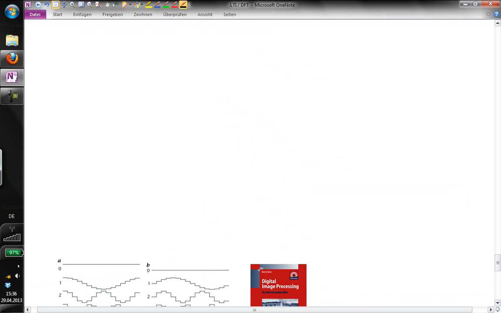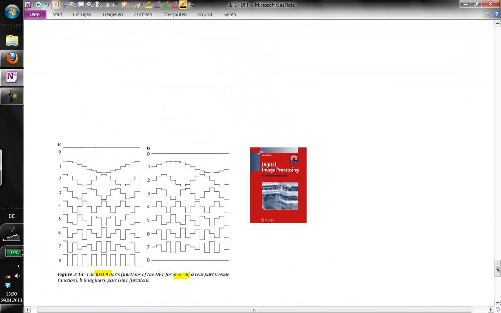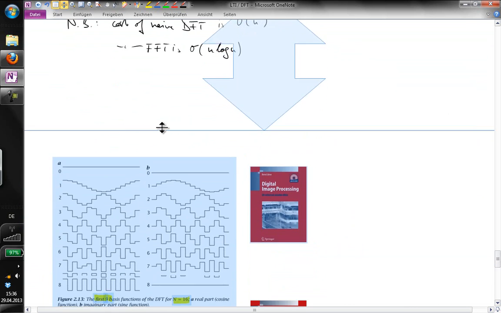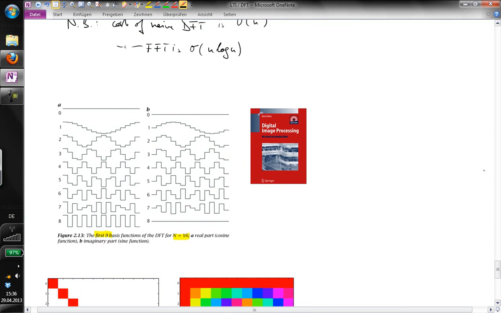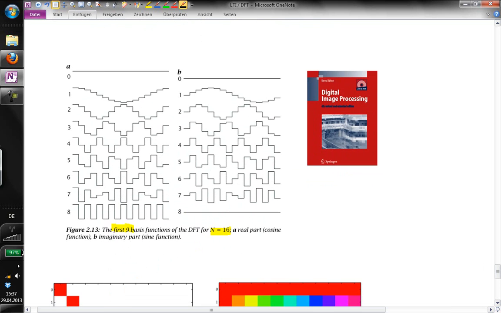I have some pretty pictures here. The first one is from the book of Bernd Jähne, who is working in this institute here. And I'm showing here 3 pictures that illustrate the same thing over and over. Because it's important, I will go through each of these.